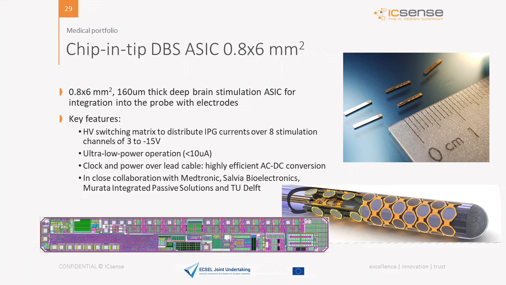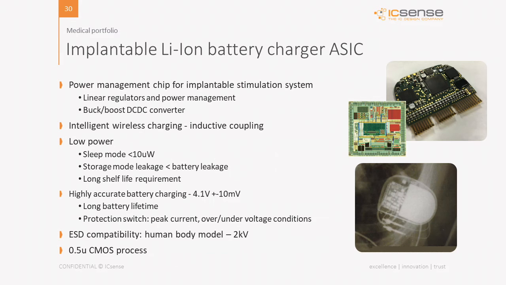The key features here include a high voltage switch matrix to distribute the IPG currents over 8 stimulation channels, and also ultra low power operation. This project was developed in close collaboration with Medtronic, Salvia, Technical University of Delft and Murata within a European research project.